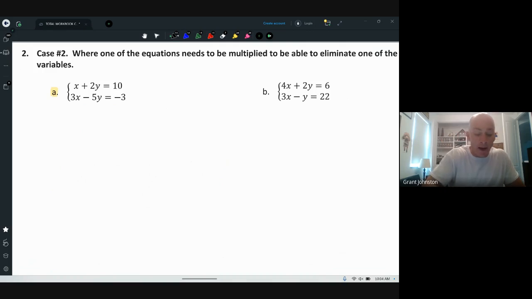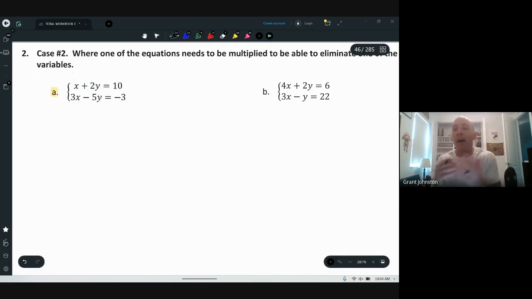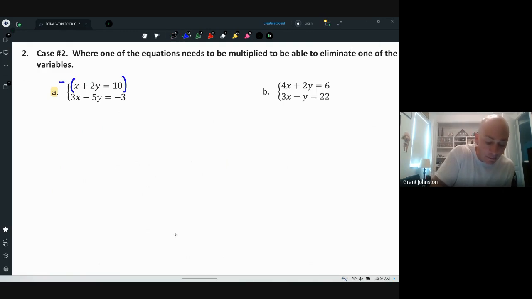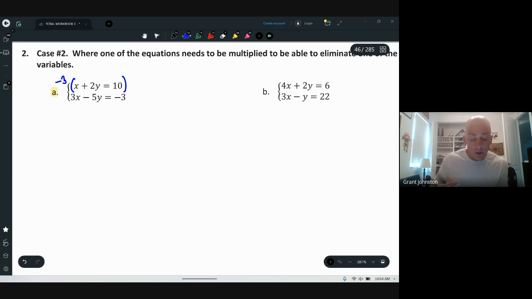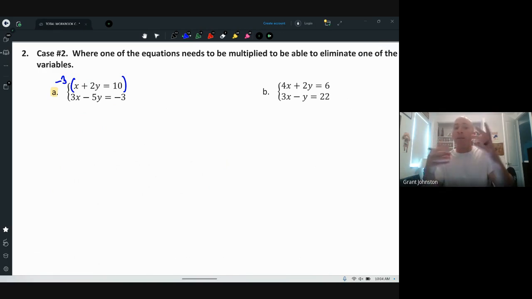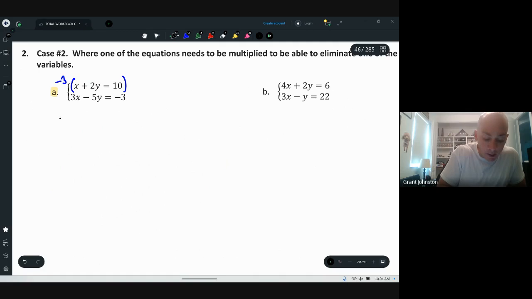So right now I have an x and a 3x. I need those to be opposites. So I'm going to multiply this by negative 3. Because if I do that, then I'll have a negative 3x, and then that positive 3x will eliminate. So that's going to be negative 3x.